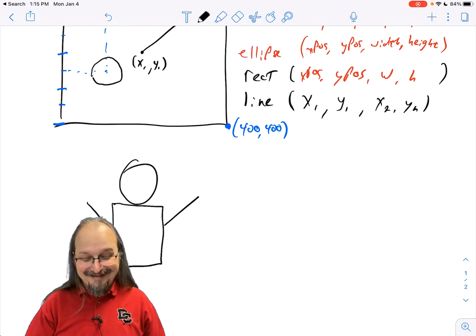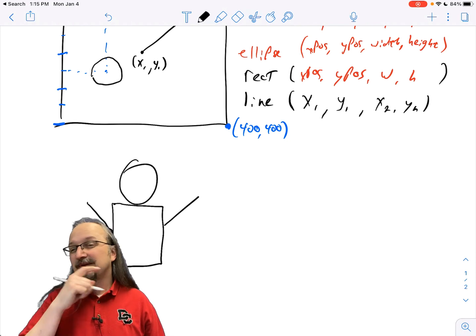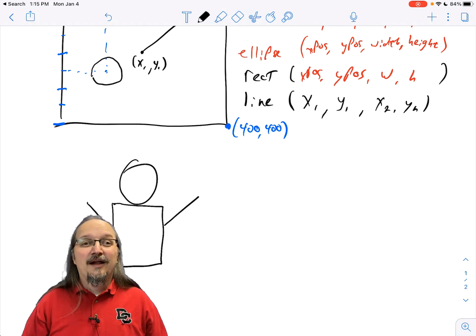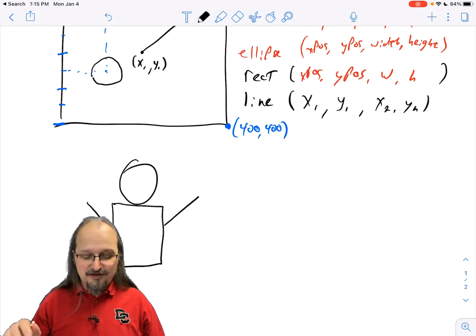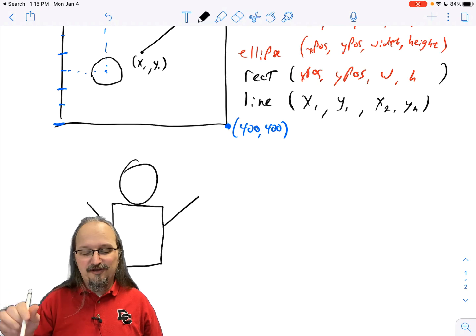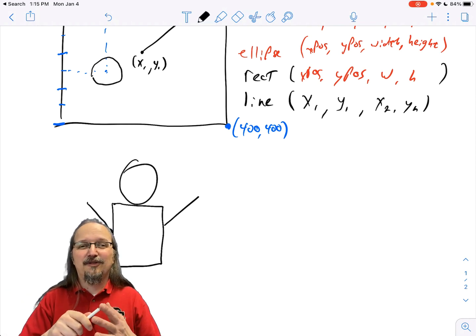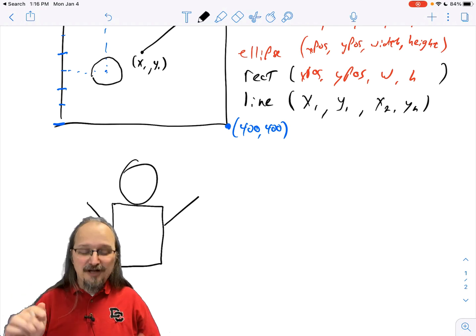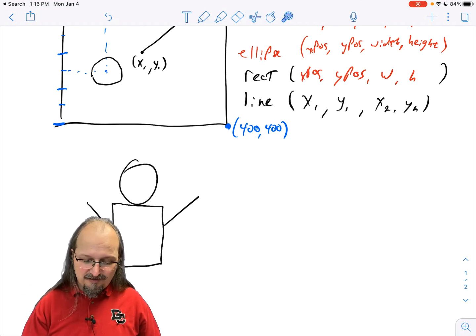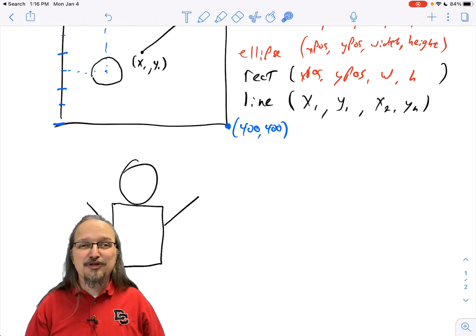So far, so good. That's what I want you to draw. And then we'll go from there. So that's today's task. Play with ellipse, rect, and line. Learn about how they work. Draw several different pictures, and then after you've done that, draw this picture. And then tomorrow we'll do something else with these functions.